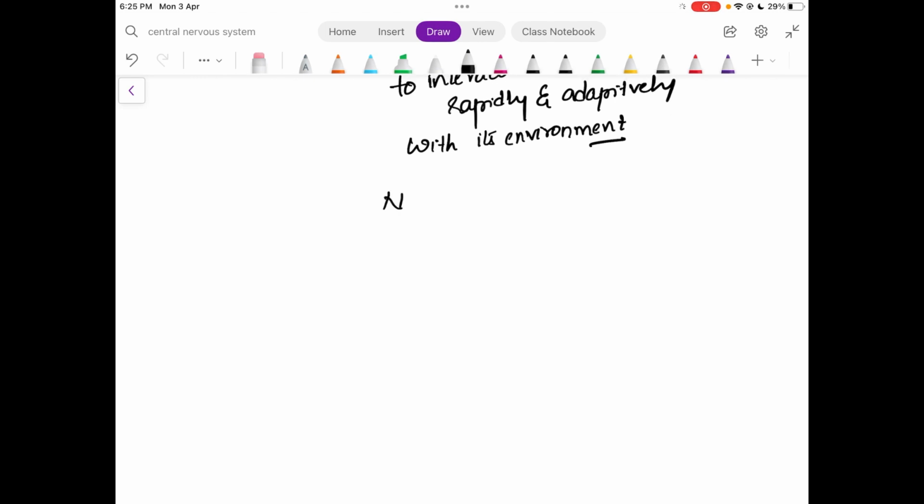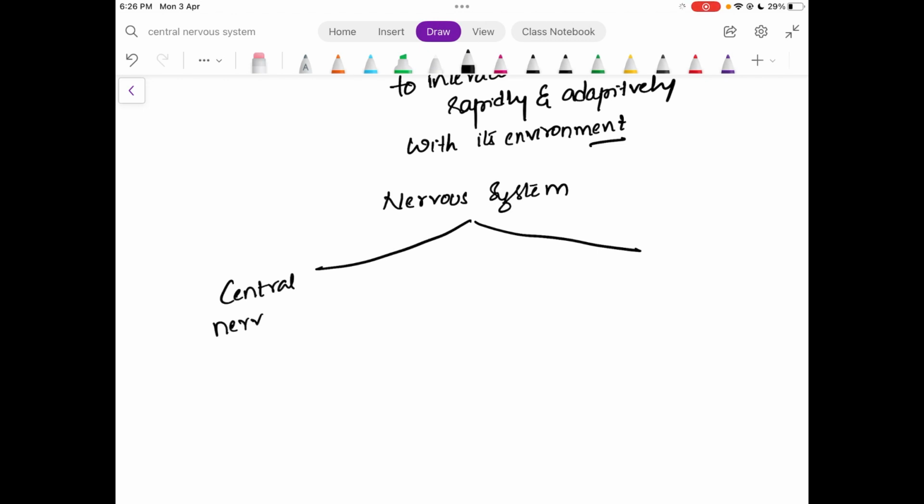This nervous system is classified into two types. One is the central nervous system and the other is the peripheral nervous system.